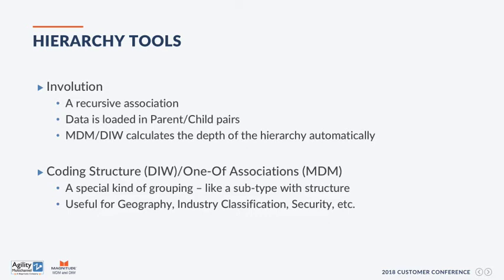Coding structures in DIW or one-of associations in MDM are a special kind of grouping. They're used to establish a link between a given category and another classification category where that category may have some structure within itself. So it's sort of like a subtype, where you have a supertype and a number of subtype classifications within that, but those subtypes have a set of relationships between themselves.